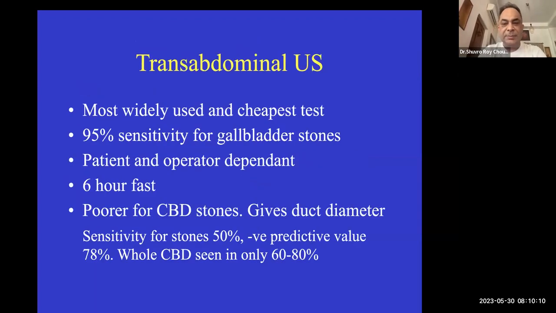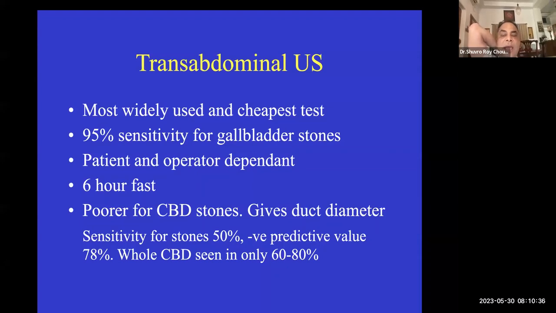If you start with transabdominal ultrasound, it is the cheapest, most widely used, most basic test. It's actually a very, very good test for gallbladder stones. And this is something I would like you to mention: when you are in the exam and somebody shows you a CT scan of a gallbladder or of the liver, you have to understand that only about 40% or 50% of gallstones are visible on CT, because of the cholesterol content, they're not dense enough to be seen.